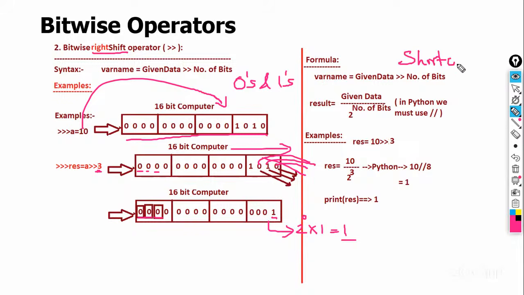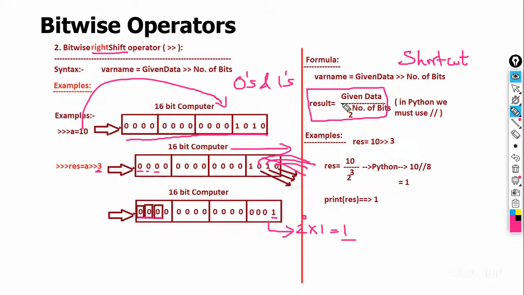If not, we have a shortcut, friends. Even for the bitwise right shift operator, we have a shortcut. Like how we use a shortcut for the left shift operator, given data multiplied by 2 power number of bits, in the same way there is a shortcut for the right shift operator. Instead of multiplying, we divide.